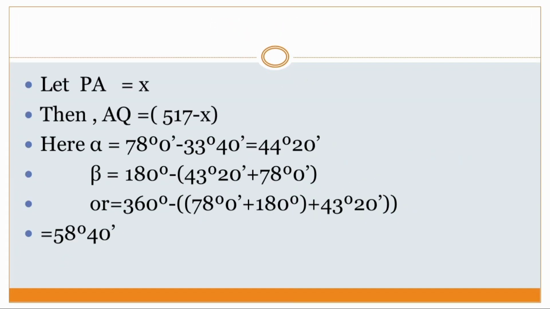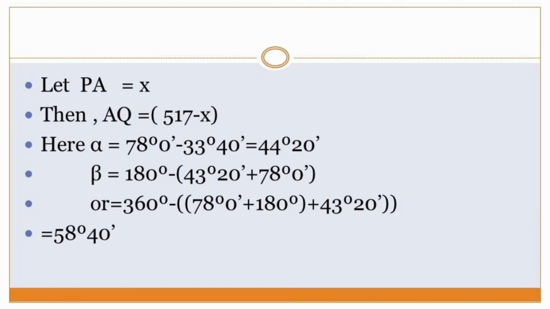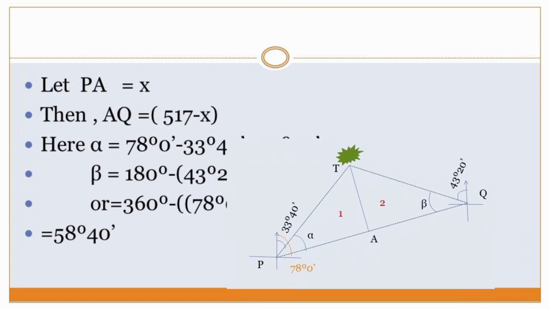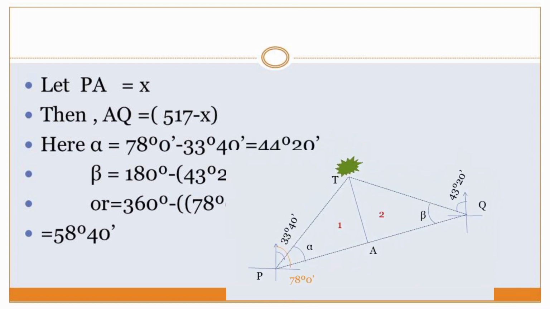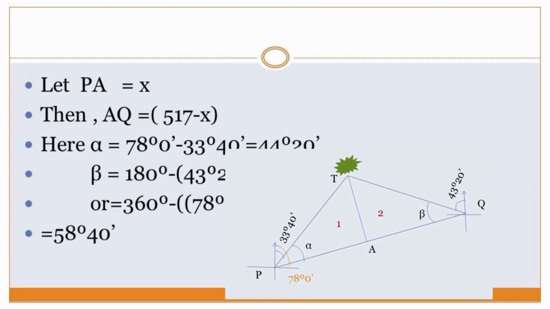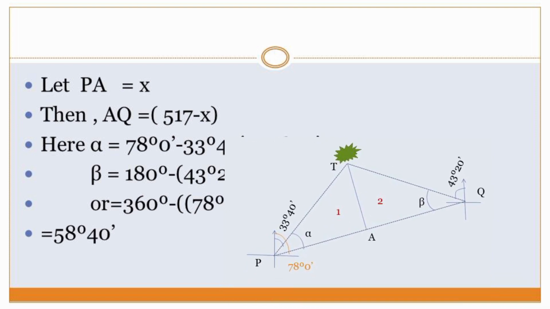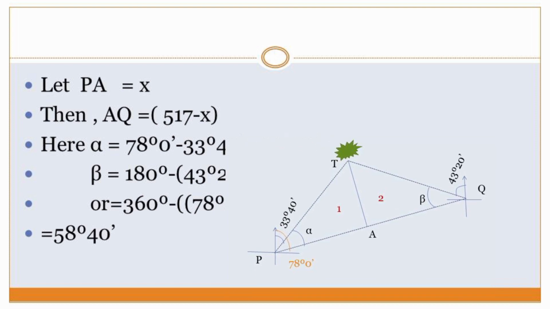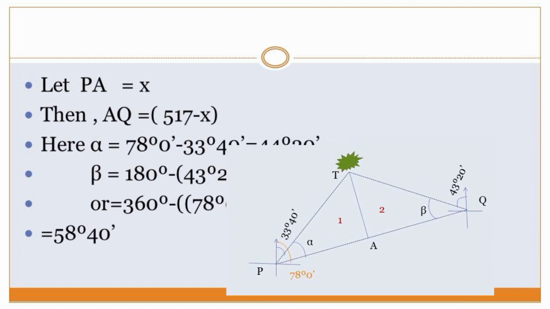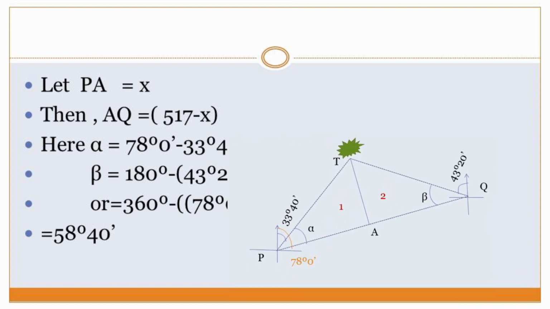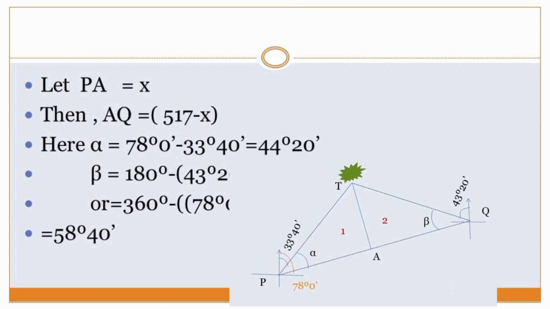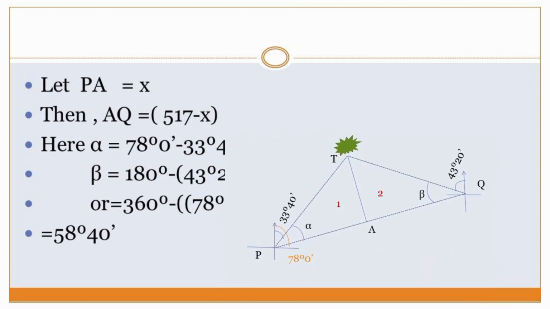Let's go ahead. Let PA be equal to x, that is distance x. My total distance given in the question, from P to Q, was 517 meters. So my distance AQ will be 517 minus x.